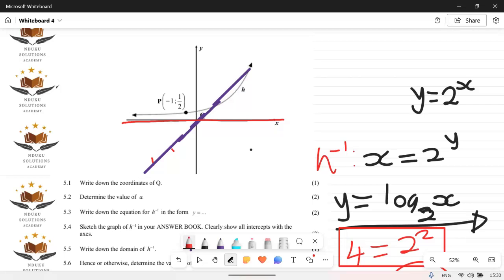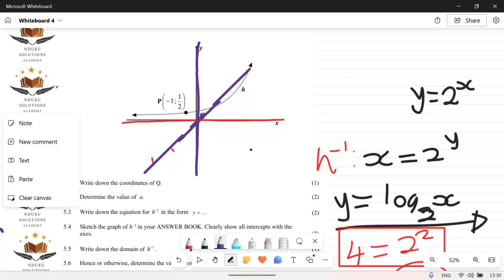It means now if we are looking for the inverse, the y-axis will be the new asymptote. Let me just also highlight it in purple. This will be our new asymptote. So our graph was very close to the negative side of x, so it means our graph needs to be very close to the negative side of y.